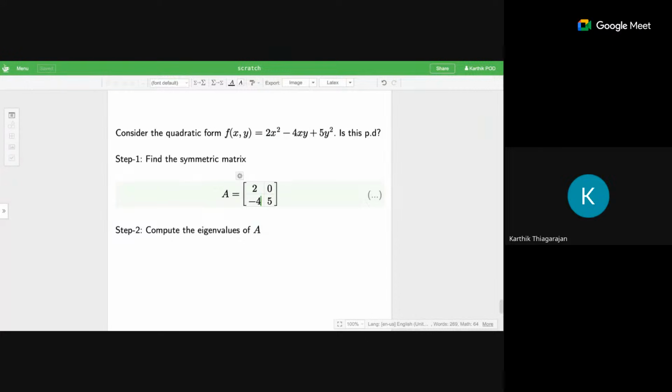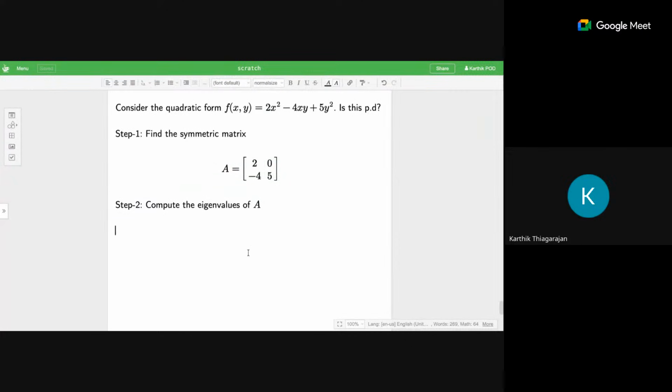Let me think for a second. That's a good suggestion. Will we run into any issue? Hold on. X transpose AX, the quadratic form. So when is the quadratic form positive definite?